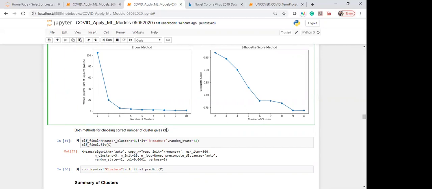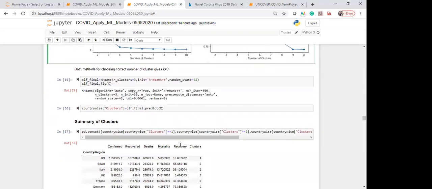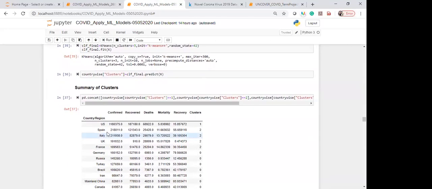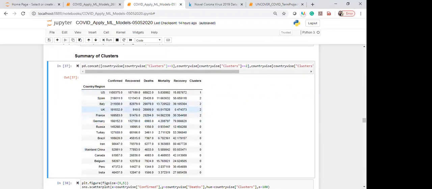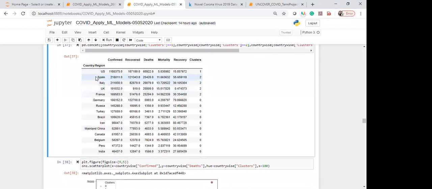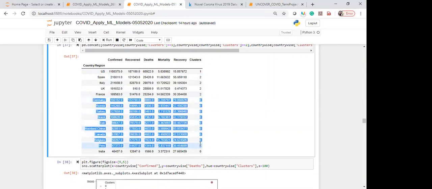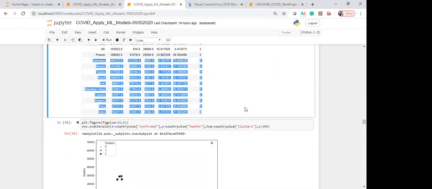So I tried 3 clusters using the k-means clustering method. This is a summary of clusters of each country. The US is at the top, other severe countries are in the second cluster, and the less severe countries are grouped under cluster 0.